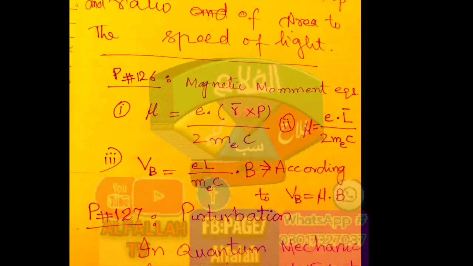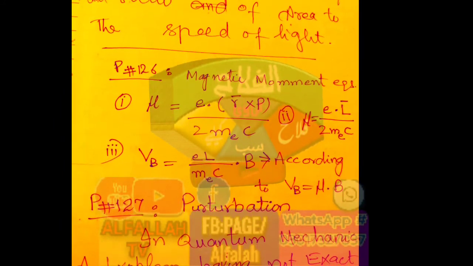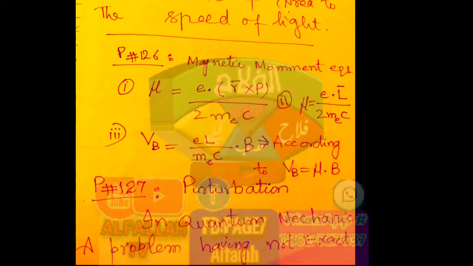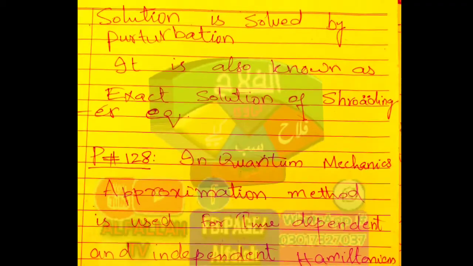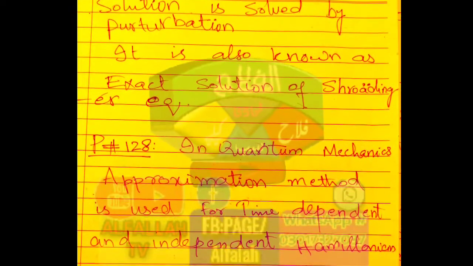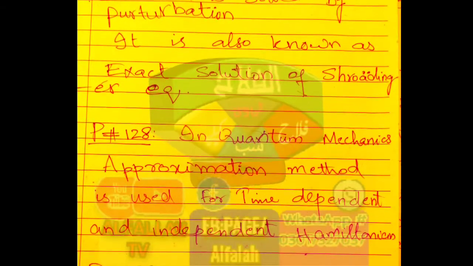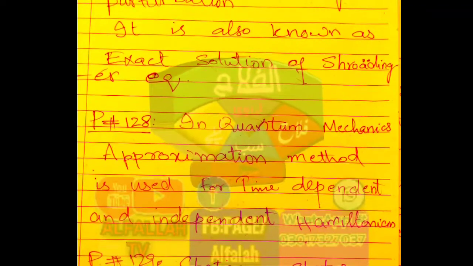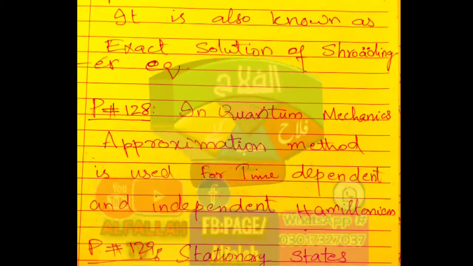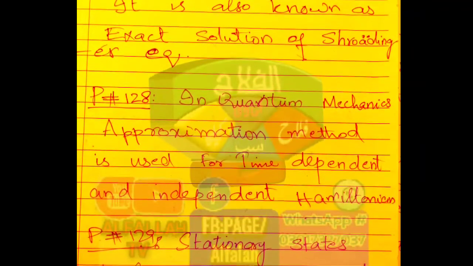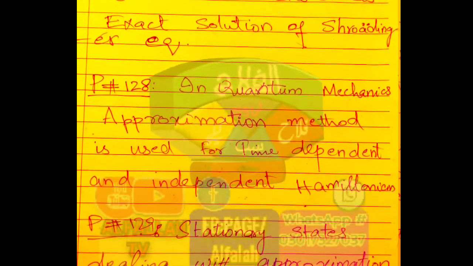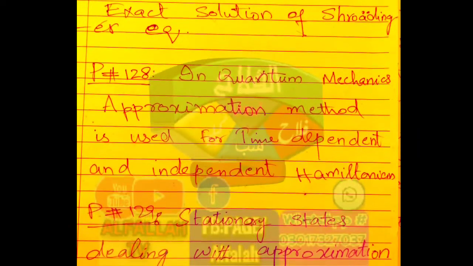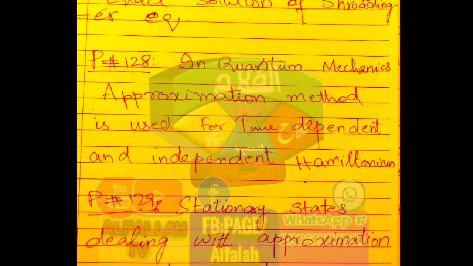Now point number 127 is about perturbation. In quantum mechanics, a problem that cannot be solved exactly by the Schrödinger equation is handled by perturbation theory. Point number 128, in quantum mechanics, approximation methods are used to solve time independent and time dependent Hamiltonian equations.